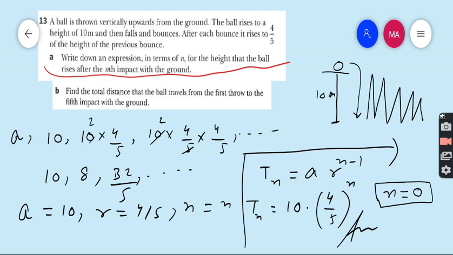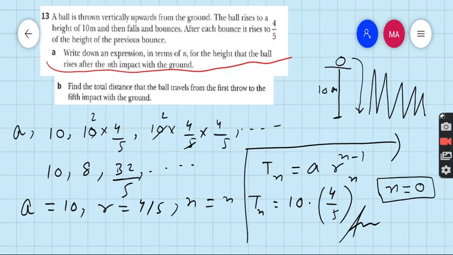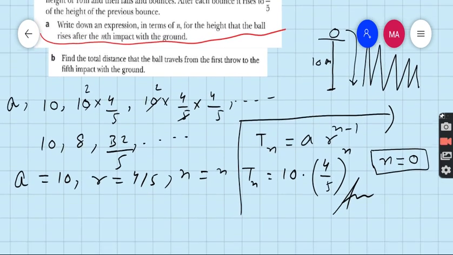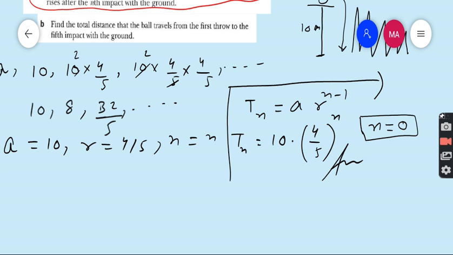Find the total distance that the ball travels from the first throw to the fifth impact with the ground. Very easy question. Because r is less than 1, we use this formula: Sn equals a(1 minus r^n) upon 1 minus r.